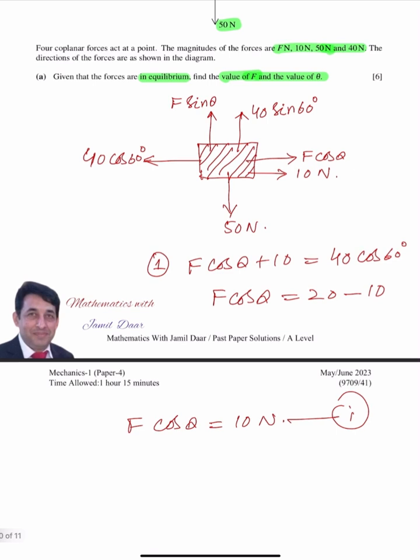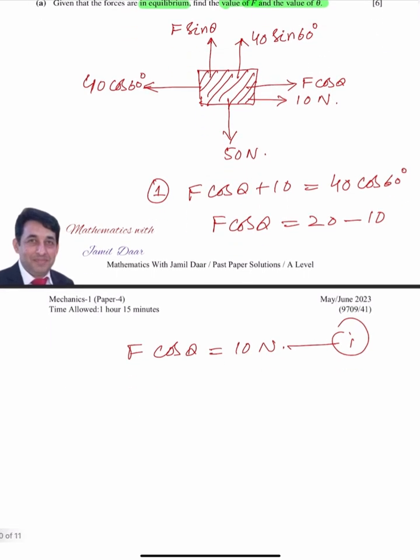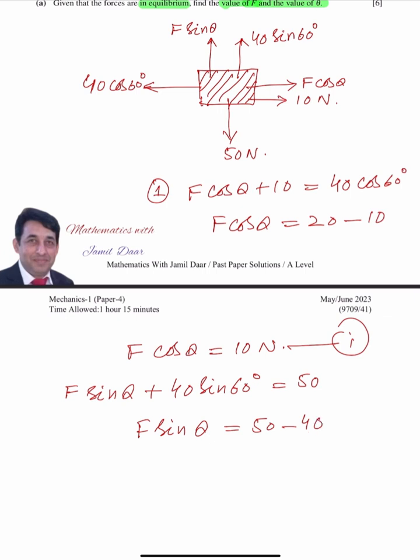Then we'll use the vertical forces. Their sum is equal to 50. So F sin theta plus 40 sin 60 is equal to 50. So F sin theta is equal to 50 minus 40 sin 60. Here I have to use the calculator, so wait a minute.